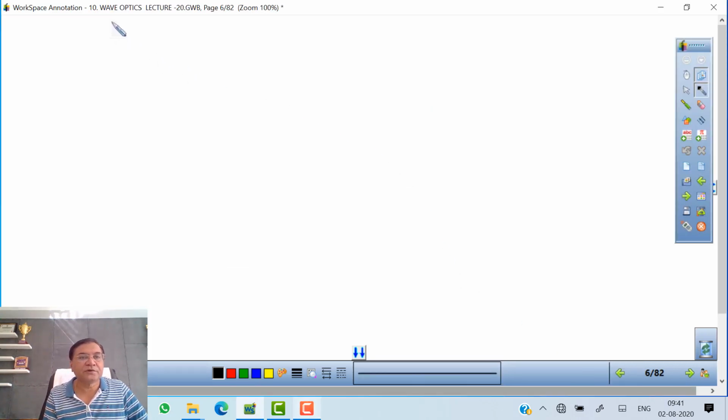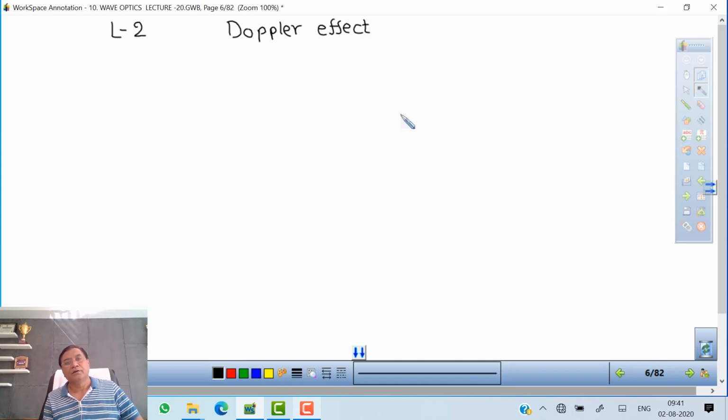Next one is a very small topic, that is the Doppler effect. I'm sure you know it, as it is already discussed in sound waves. When a source is approaching the listener, frequency increases.